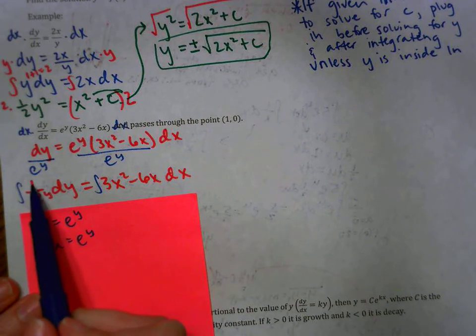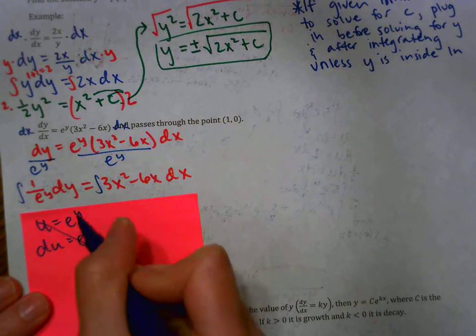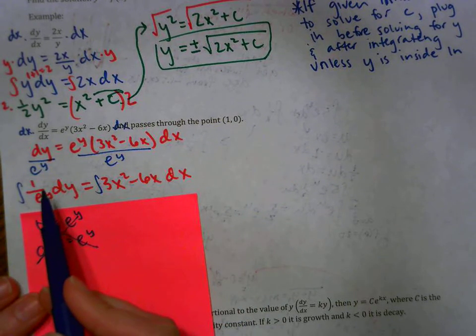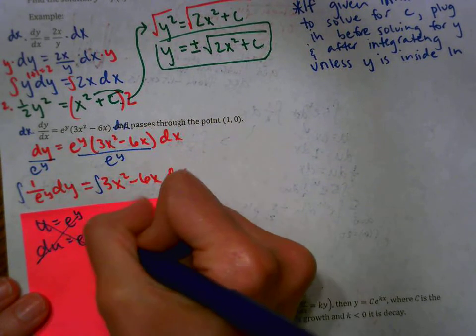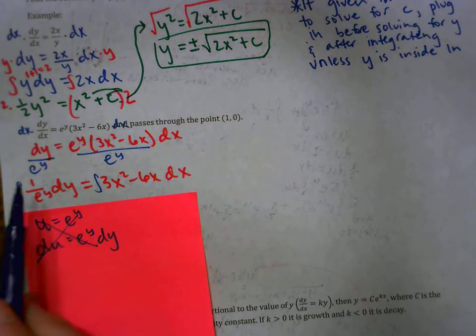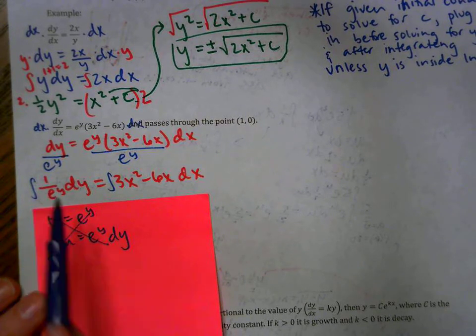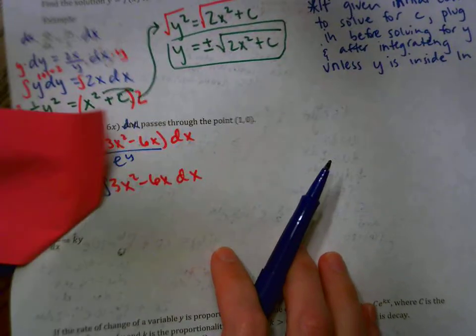And you don't have an extra e to the y. You can't box this e to the y because that's u. So you're just going to get stuck if you do that. Because that would be dy. And so it just doesn't make sense. We don't have an extra e to the y to box because this was your u. So we need to try something else.